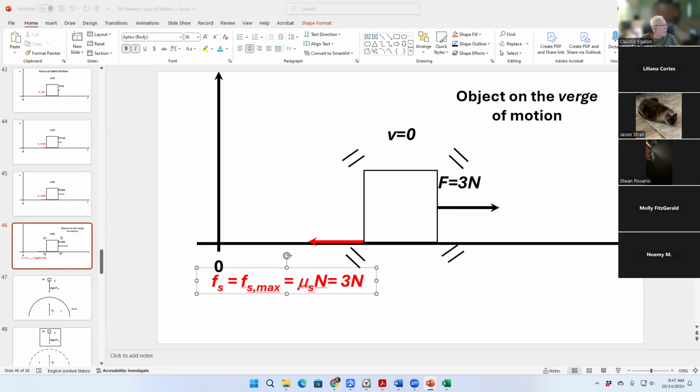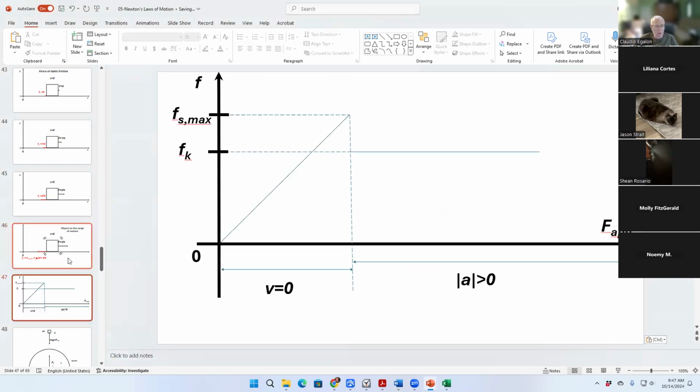If you're going to plot the force of static friction against the applied force, we're going to get something like the following. Here you go. I'm going to erase this one here. We're going to get something like that.